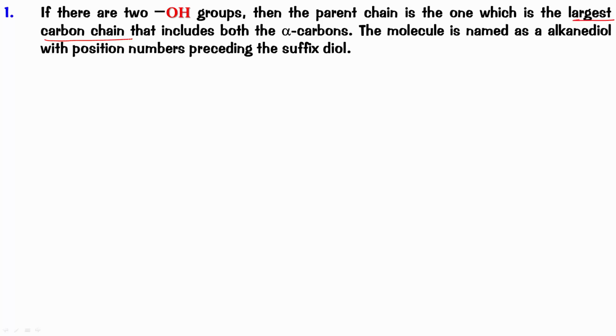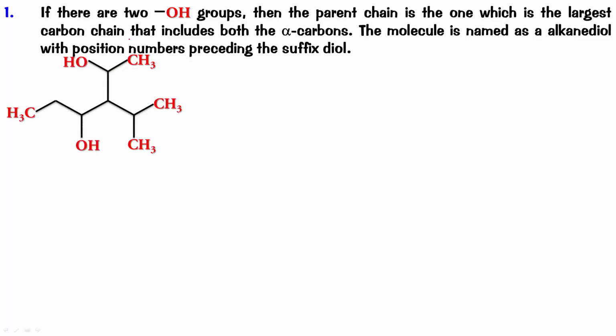If it is unsaturated carbon, then the two alpha carbons should be included along with including the maximum number of double or triple bonds. So let's take an example and we'll be able to find out. Now again, as usual, pause the video, number it, name it, and then play the video back to check your answer.